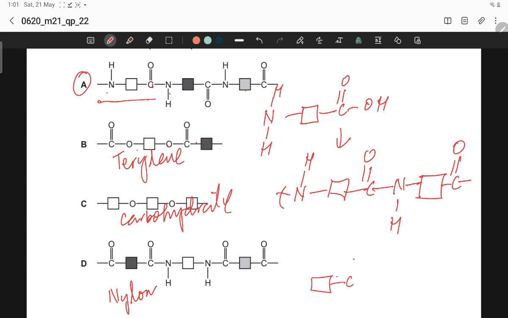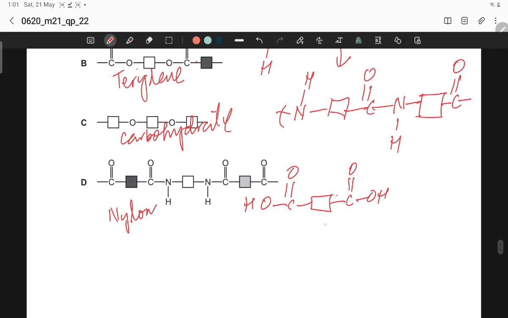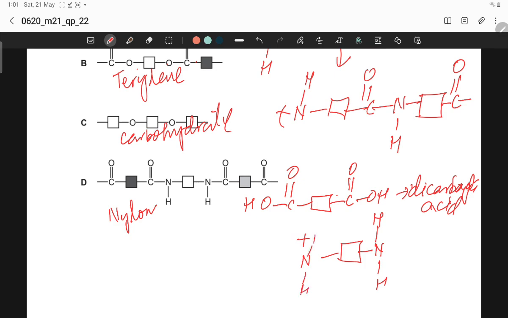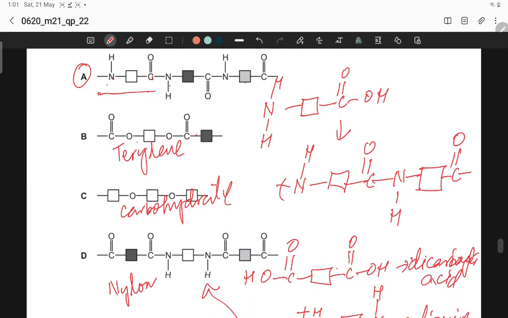This is the dicarboxylic acid, and the second monomer is diamine. When they react with each other, such a molecule is formed. So this is nylon. So A option must be correct.